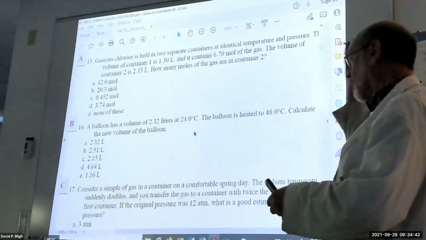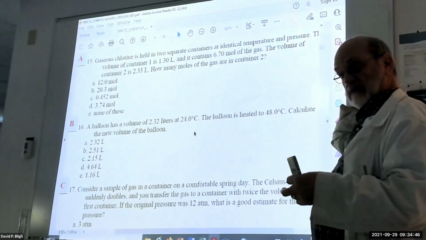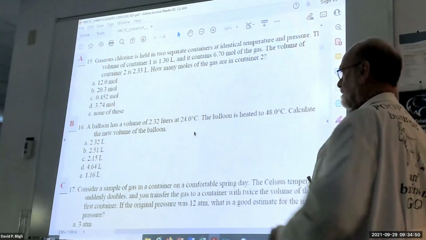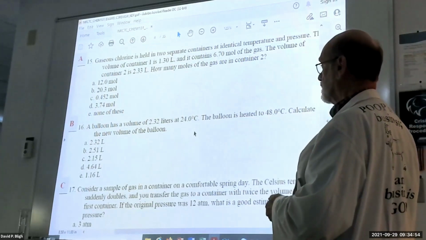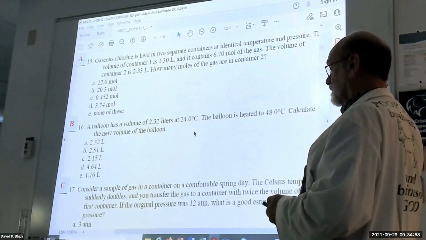It's not as if we had one trapped gas and we made those changes to it. We got two separate gases, and if we know the conditions that we're comparing, we can solve for an unknown using Avogadro's law. In fact, we can do that with any of the laws.